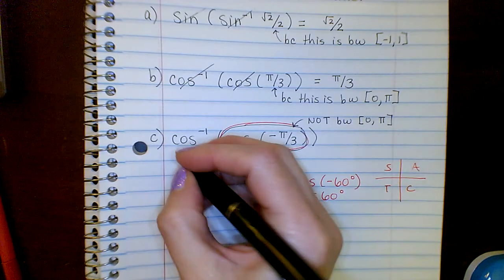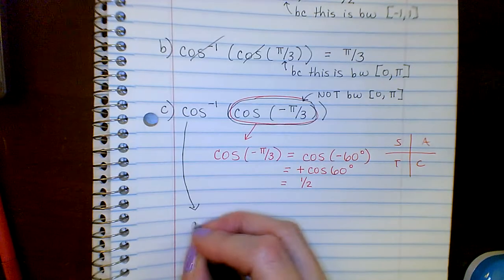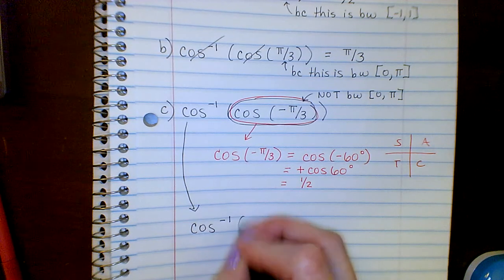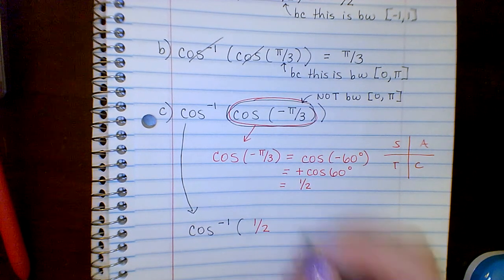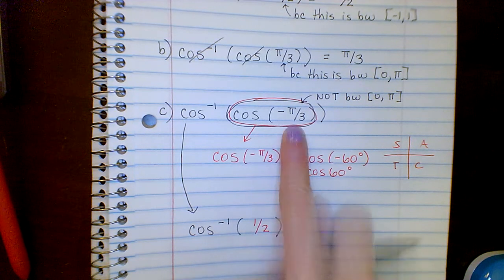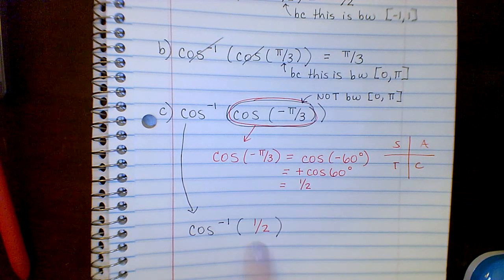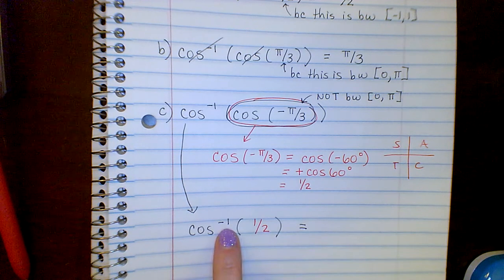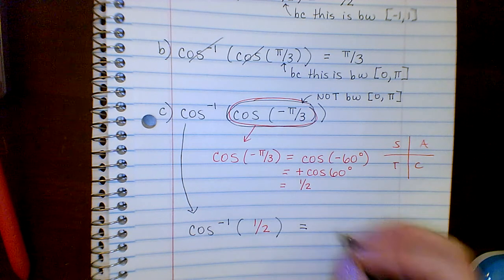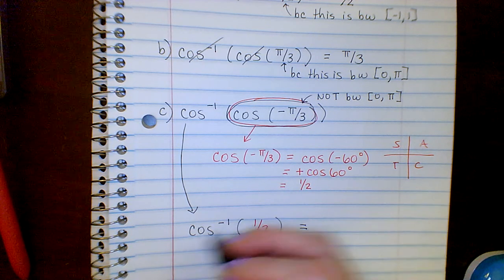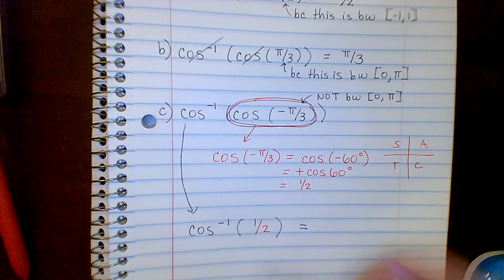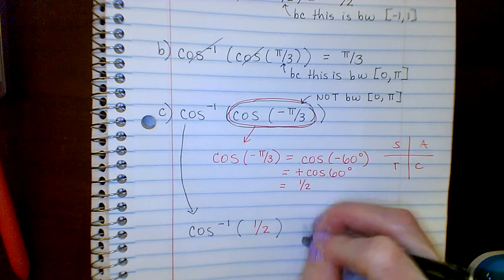All right, so we have the inverse cosine of 1/2. All that stuff right there just simplified to be a nice little 1/2. Remember this inverse, this is asking you what angle, this is an angle, all right, I'm going to put an equal sign here.